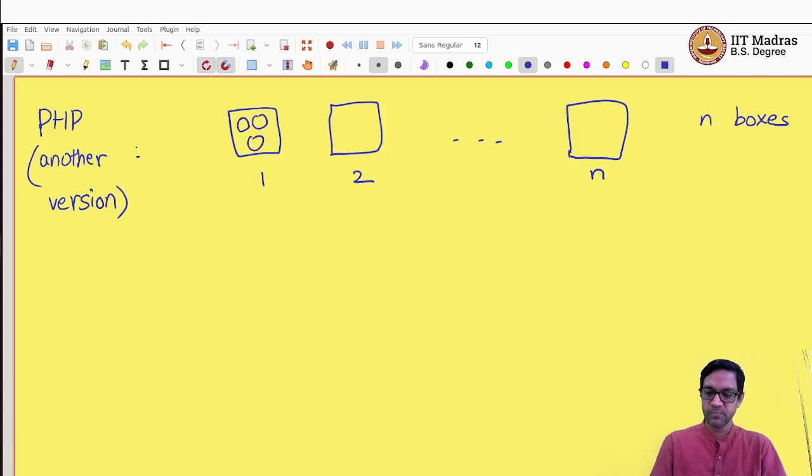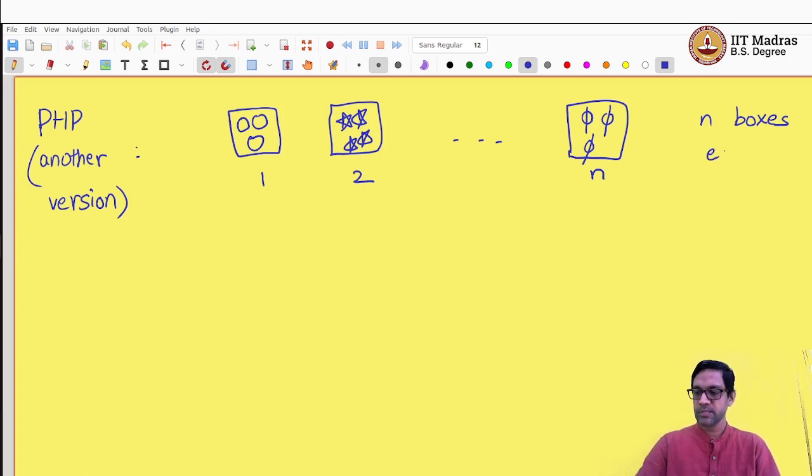Maybe this has balls, this has something else. I don't particularly care what kinds of objects they contain and how many of each, maybe some candy canes and so on. So the statement now says, given this situation, n boxes each containing some objects, and some boxes can even be empty.